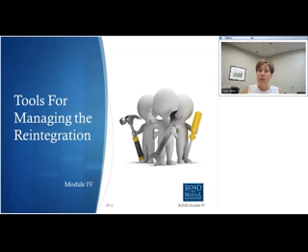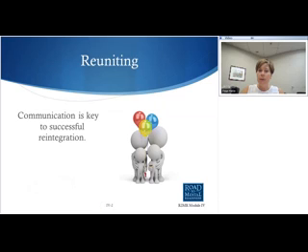After we've covered the challenges, we then move to the tools for managing reintegration. So you're seeing what I was describing earlier, that many of these modules are quite short because there are more of them. For the tools for managing reintegration, we first want to just introduce the concept that, of course, this takes time and effort, and give the audience the time to discuss what it's been like for them in the past or what they're anticipating it's going to be like for them, what tools they're going to use.